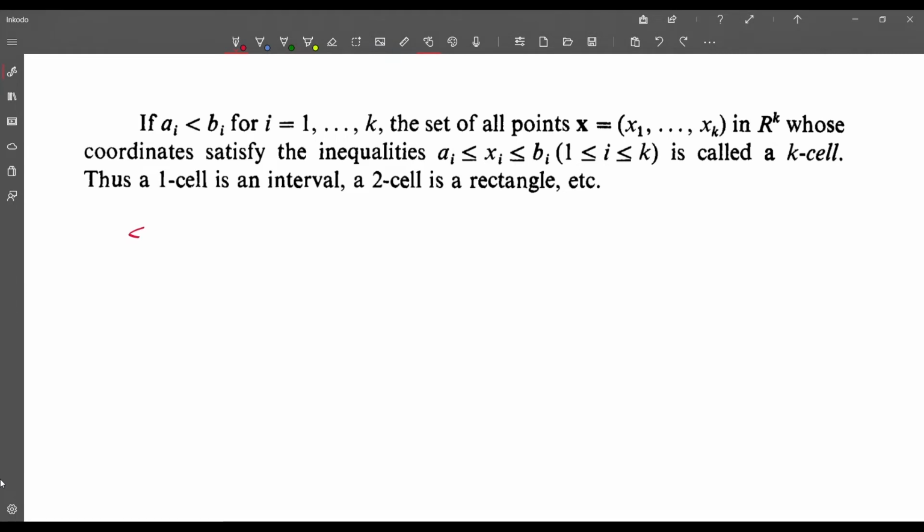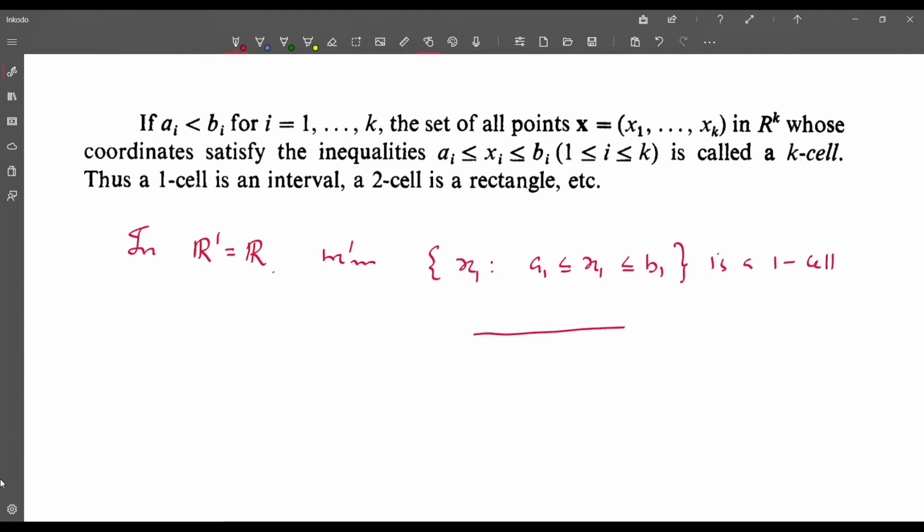So, in R1, or simply R, the set of all x1 such that a1 ≤ x1 ≤ b1 is a 1-cell. You know that it is the closed interval [a1, b1].